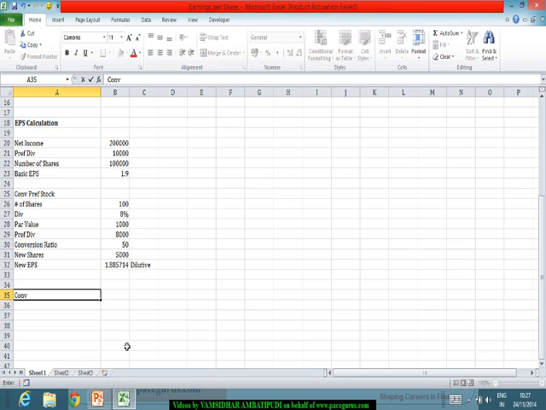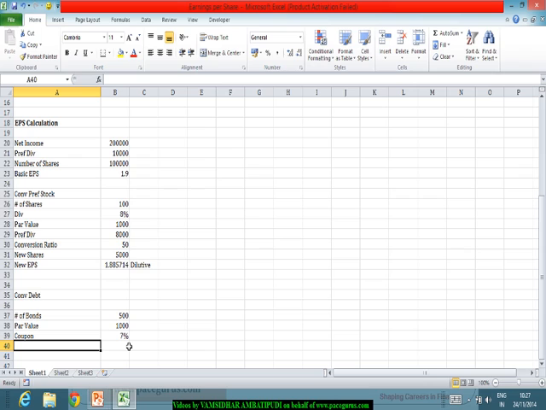Similarly, let's say I have to talk about the convertible debt. Now I need to know the number of bonds that are there. Let's say there are 500 bonds the company has issued. Then the par value of the bond, let me assume, is 1000, and the coupon on the bond is around 7%.